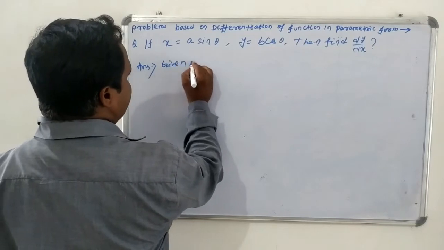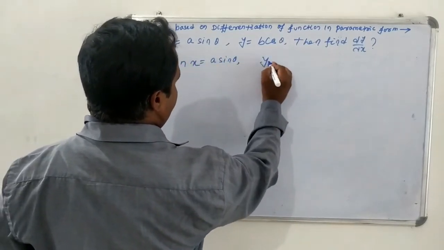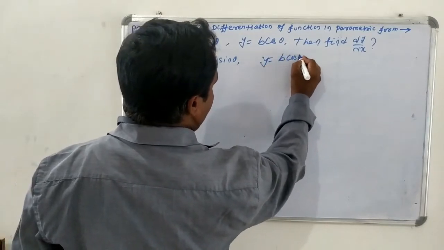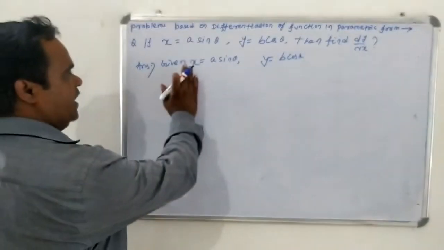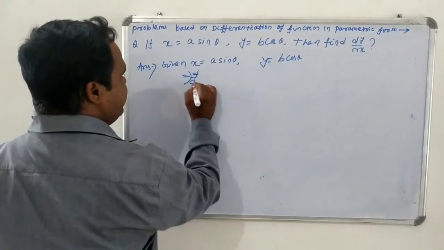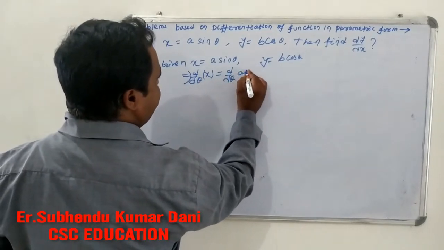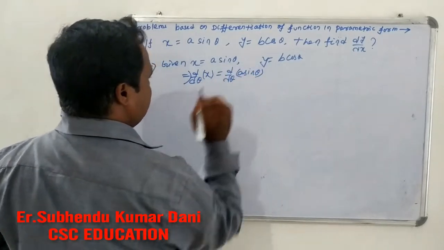Given x equals a sin theta and y equals b cos theta. First of all, x is a function of theta, so taking d by d theta on both sides, d by d theta of x equals d by d theta of a sin theta. Clear that?